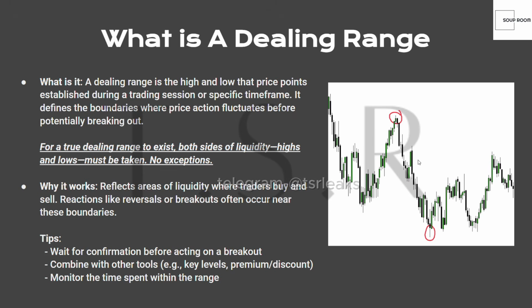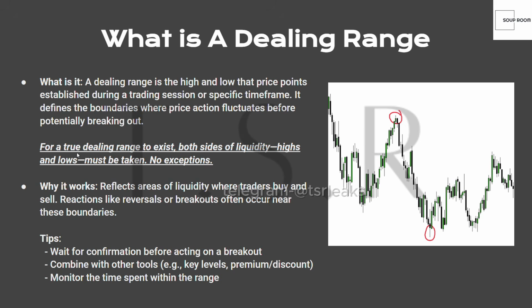During this specific session, price formed a high and low. This will tell you a range. It will create a range on your chart so that you can visualize price action within it. Right? Very important range. Price action will fluctuate within the range before either breaking out or below.